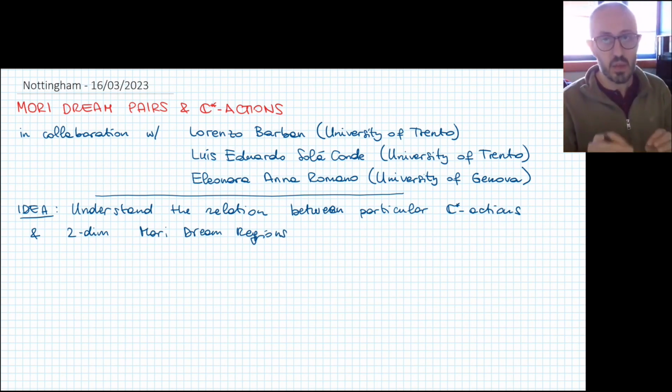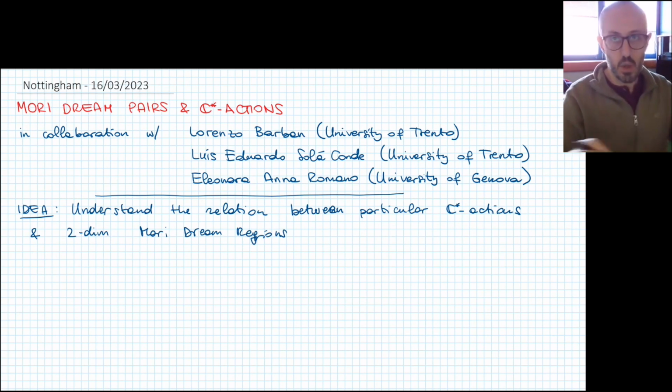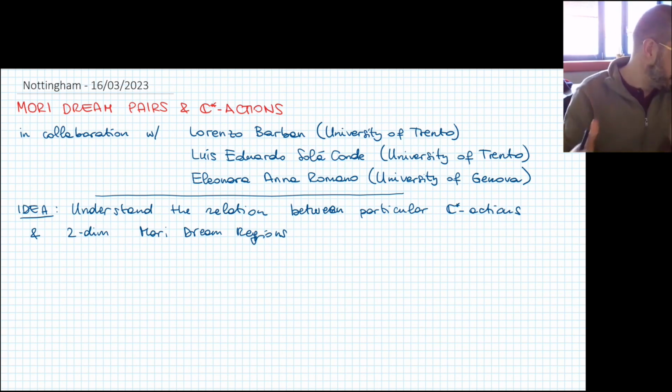I will define everything because there are several definitions about all these objects and they are not always compatible. So I will give our setting so that it's clear what we are doing. So let me first recall the objects.